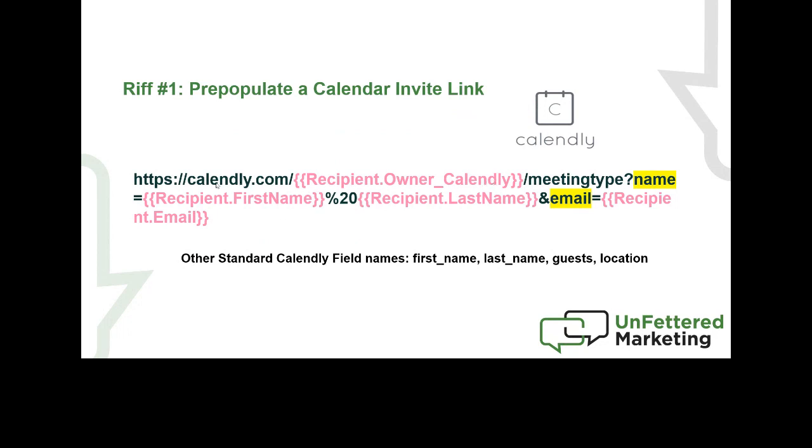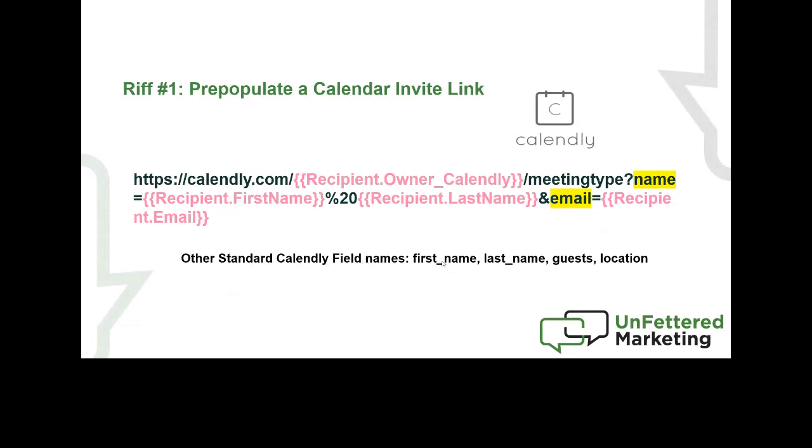But usually this goes Calendly and then the name of the person, stroke, the meeting type, and then you can use the HTML to populate the name and the email address. The standard is it's got this name with no first name, last name. That's kind of the Calendly standard.